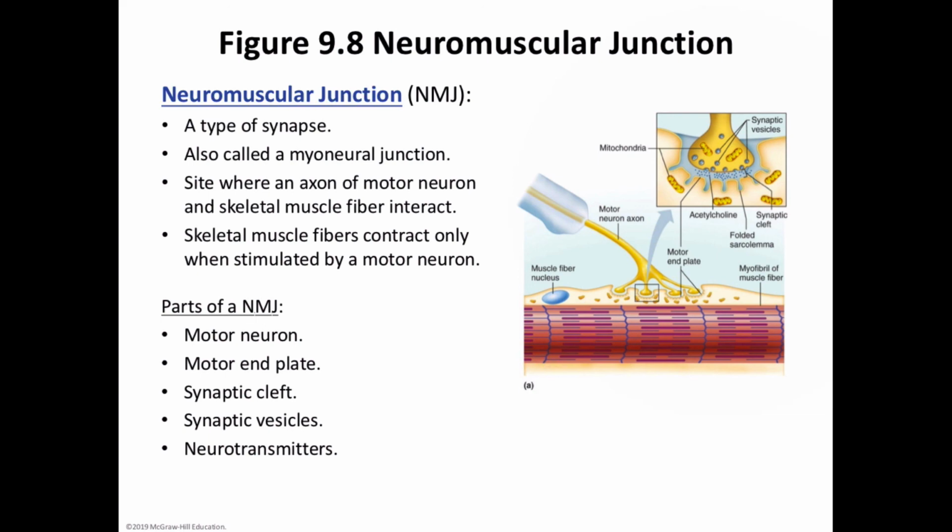To terminate those effects, it'll happen in one of two ways. The first is that the acetylcholine could just diffuse away from those receptors on the sarcolemma, or it will be broken down by acetylcholine esterase.